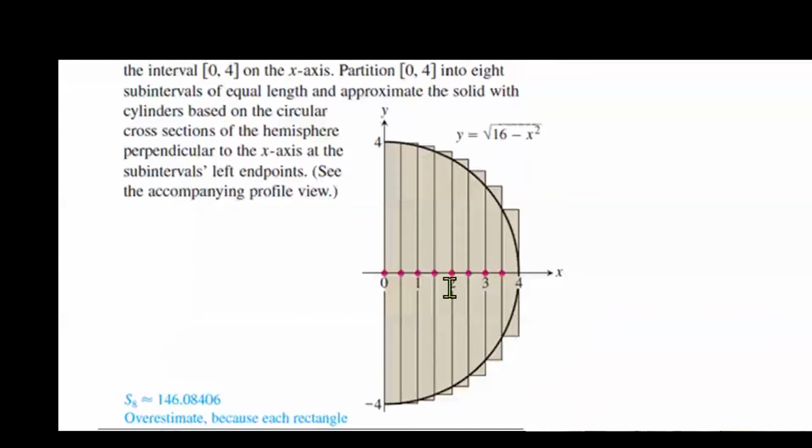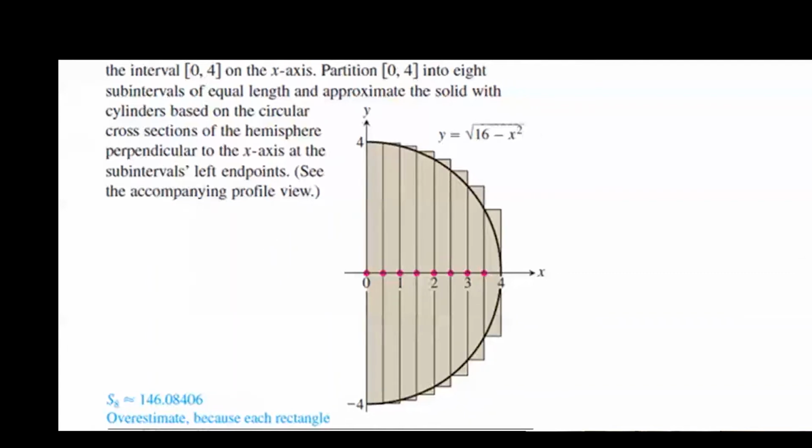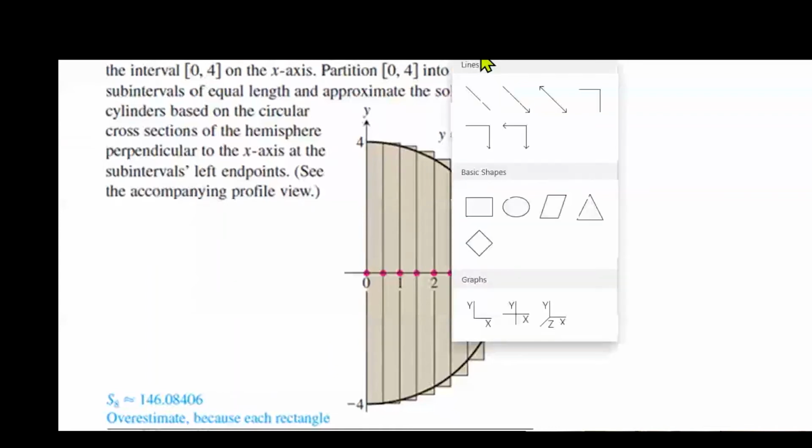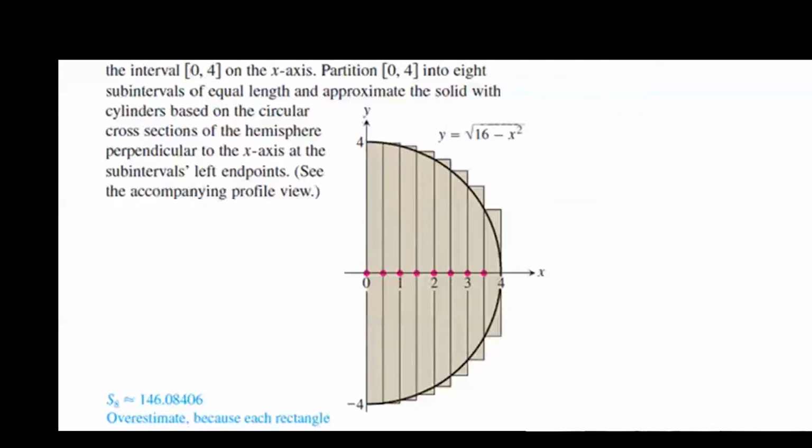So here, each of these is a disk, okay? Cross-section of the disk. But why don't I draw it realistically then? I have a computer, so why wouldn't I draw it? Say each disk looks like this. I'm going to put them right here.